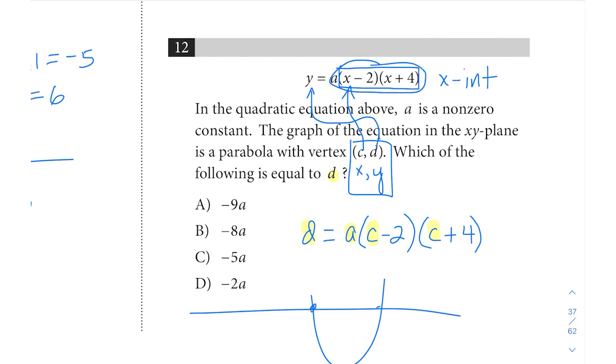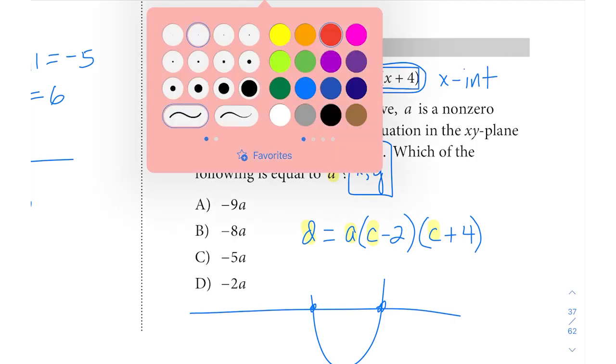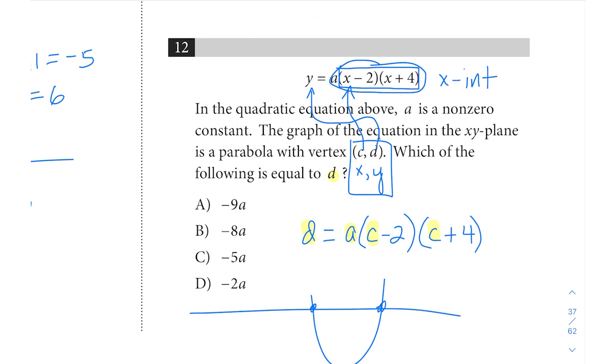the factored form tells us our x-intercepts. And if we set each one of those equal to 0, because that's basically what an x-intercept is, it's where y equals 0, we would have, for your x-intercepts, and I'm going to color code this part a little bit, x minus 2 equals 0, and x plus 4 equals 0.